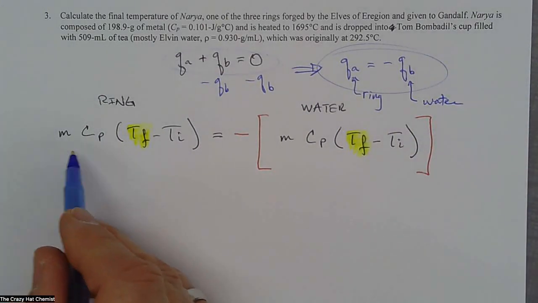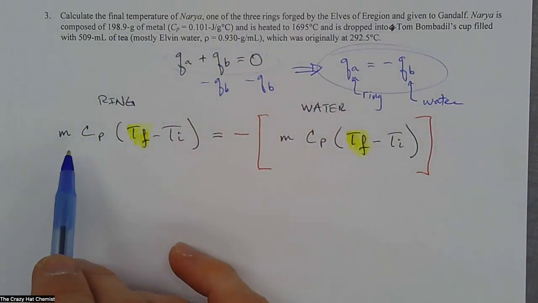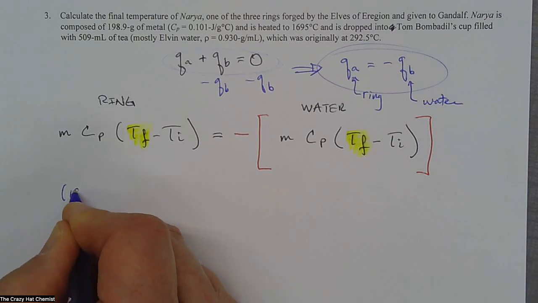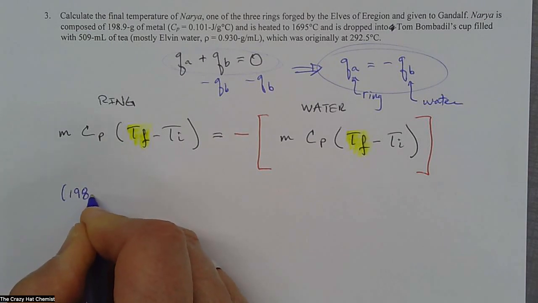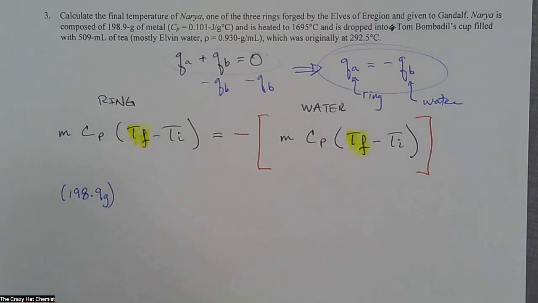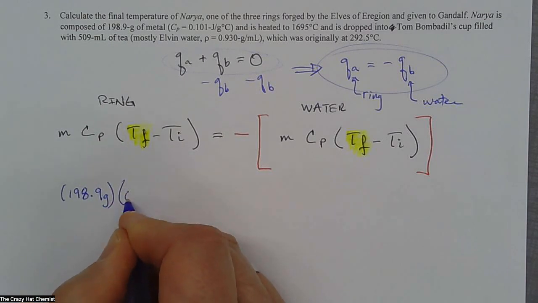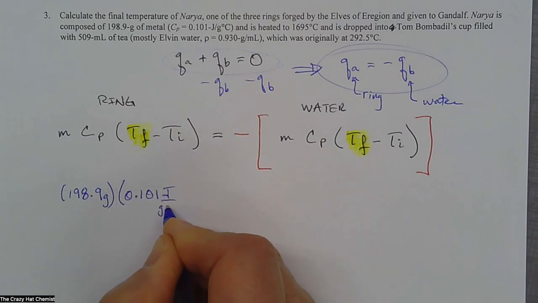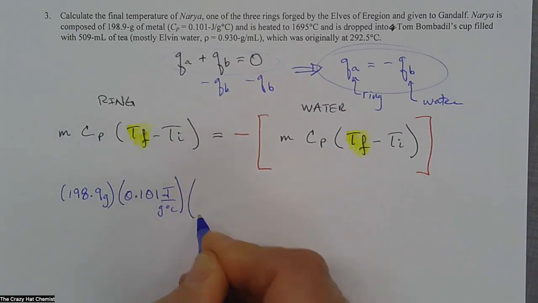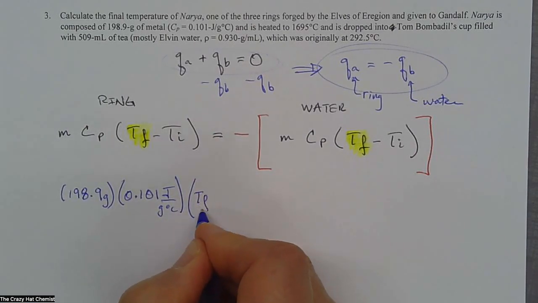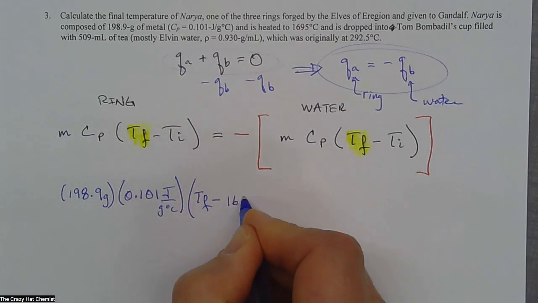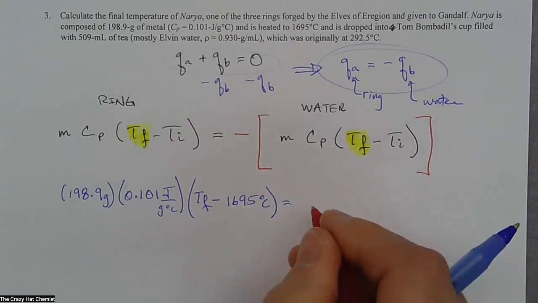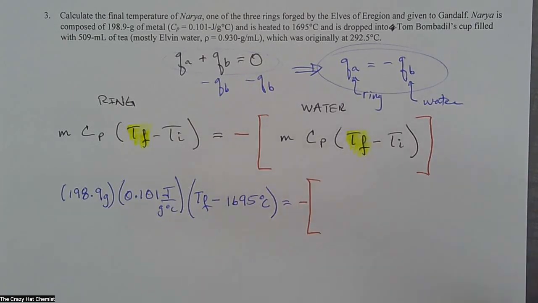So I'm going to plug in the information given in this problem right into this here. We're going to have 198.9 grams, that's the ring. We are given a specific heat capacity for the ring, joules per gram degrees Celsius. We are solving for the final temperature, that's T_f, minus 1,695 degrees Celsius, is equal to negative, and then the brackets here.